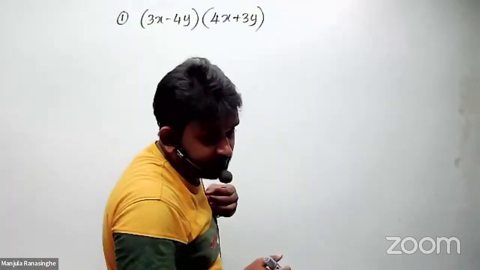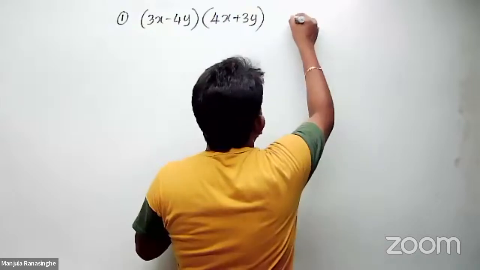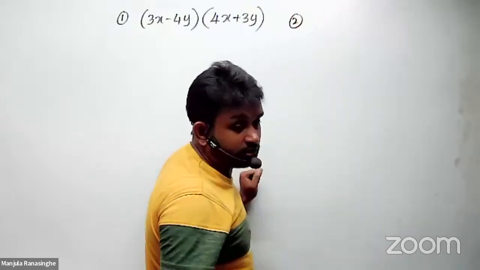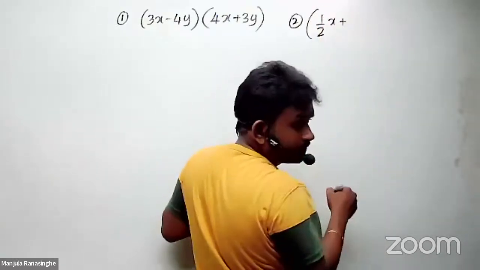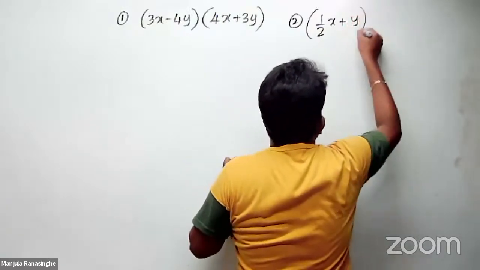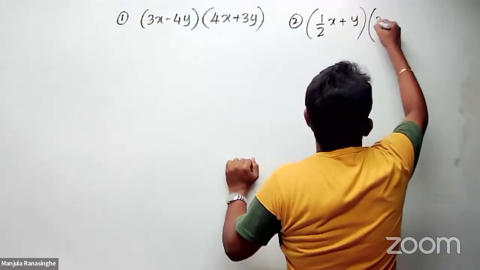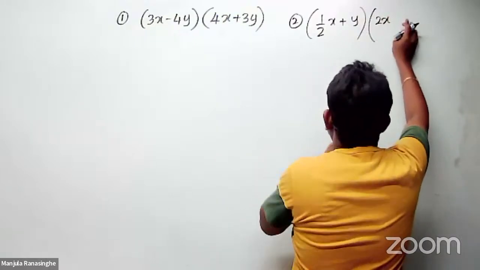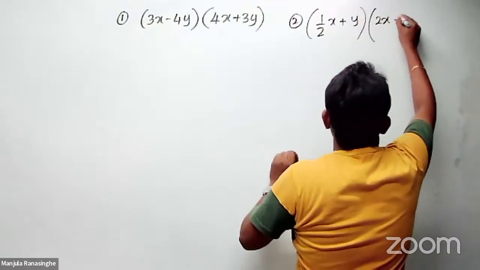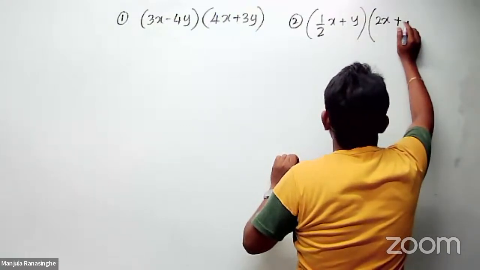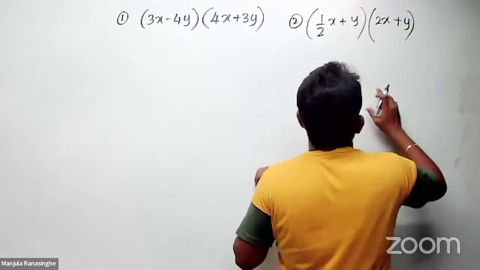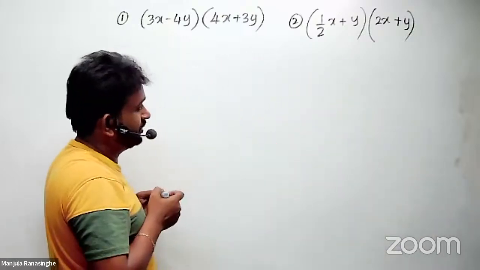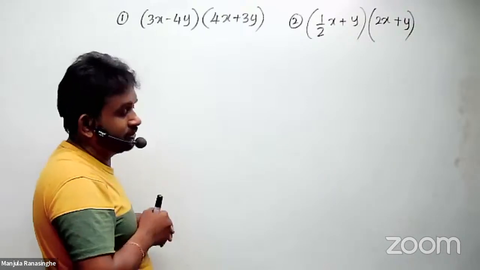First one, you can write it down. The second one, with the fractional coefficient, like half x plus y into 2x plus y. Right.